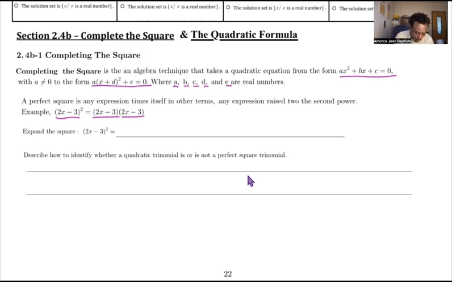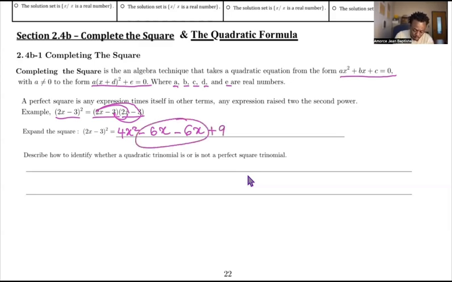Now, if you FOIL this, you're going to have 4x squared, times negative 3 is negative 6x, times another negative 6x, and negative 3 times negative 3 is plus 9.